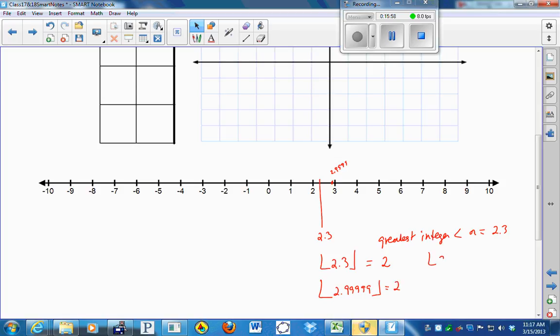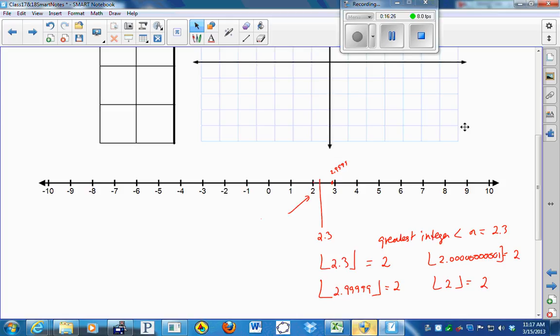And what about 2.0000000000001? I can't even put it in there. It's so close to 2. It would still be 2. And what about 2? What's the greatest integer less than or equal to 2? 2.